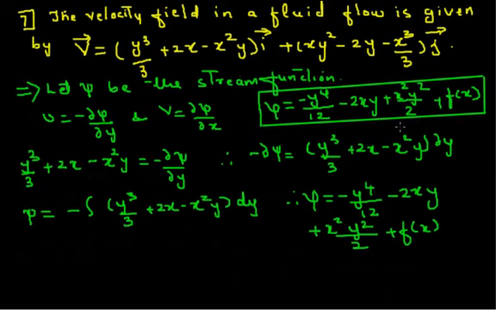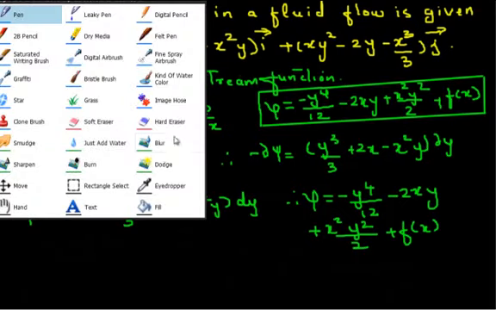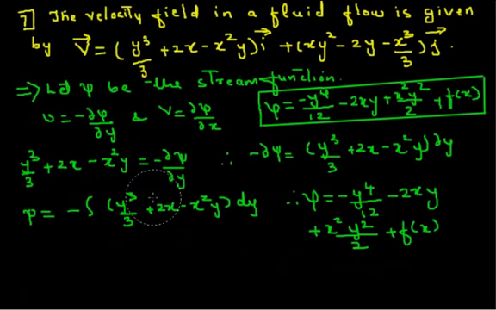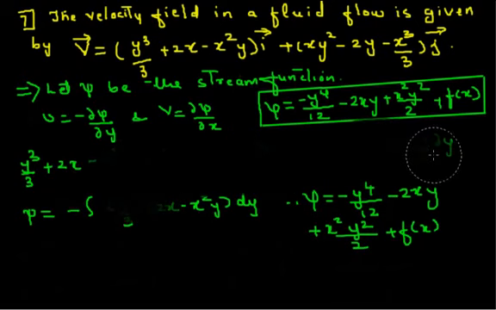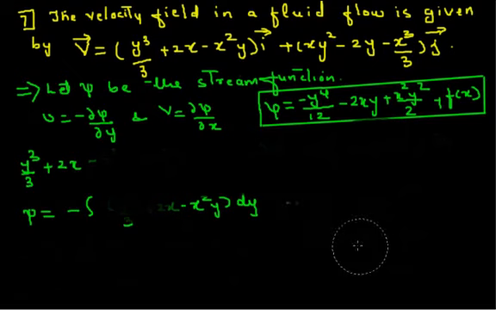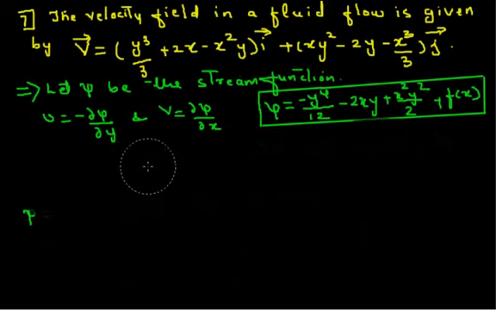Now we will try to find out another expression for psi, and then finally we will get the expression for psi. I will erase this one again. Now I will use the second property, that is v is equal to del psi by del x.